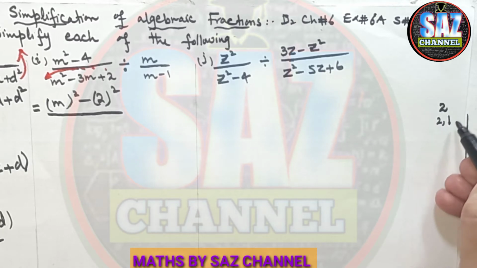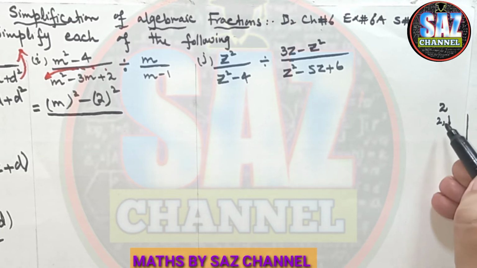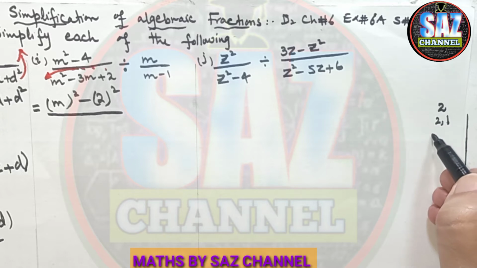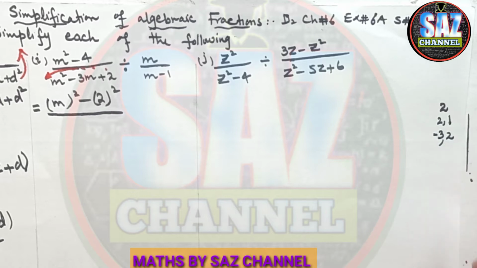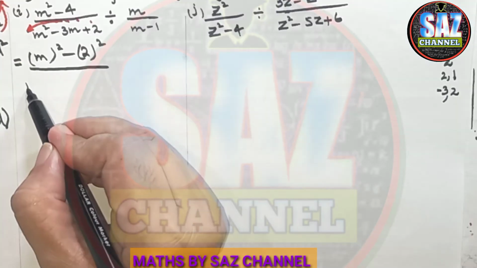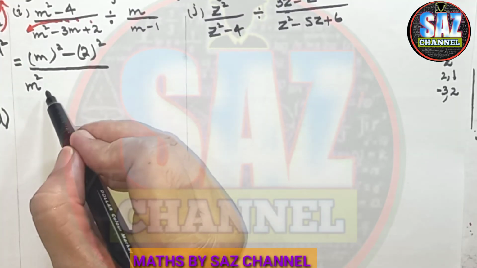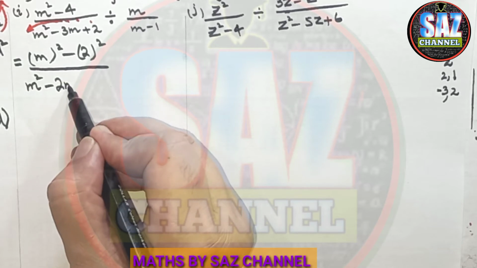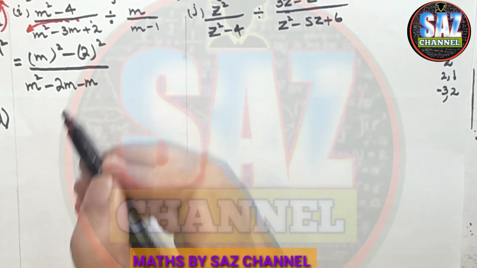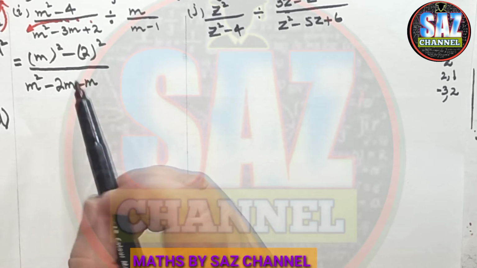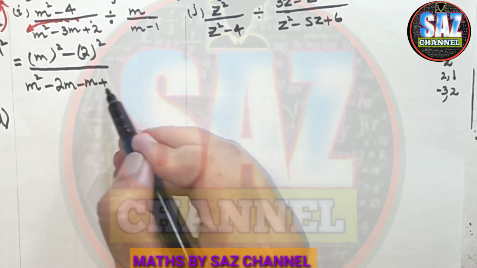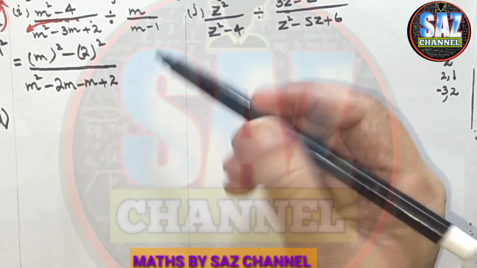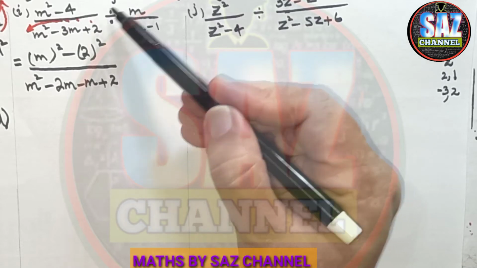Now we have to set the factors in such a way that when I'm adding or subtracting, I'm getting minus 3, and when I'm multiplying, I'm getting positive 2. So for the denominator, the suitable choice will be m square minus 2m minus m plus 2, because minus 2 minus 1 will give me minus 3m, and when I will be multiplying this will give me positive 2.